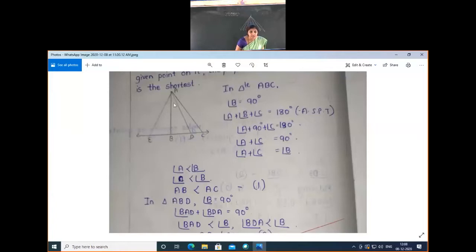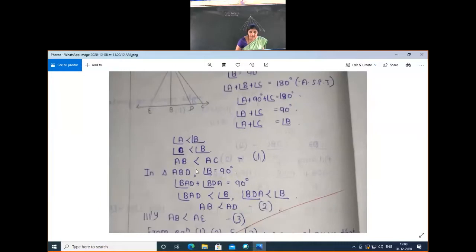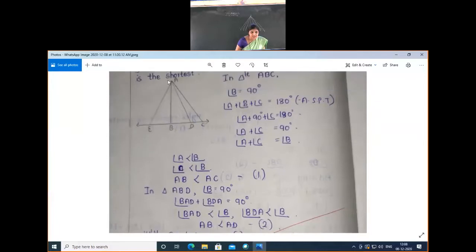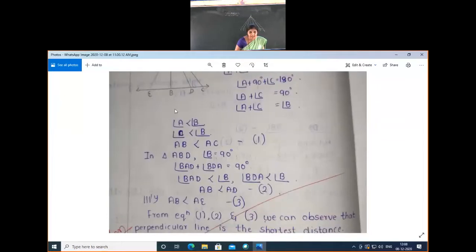Now in the same method, we have to take another triangle, that is triangle ABD. Are you observing the triangle ABD? Again compare. In triangle ABD, angle B is 90 degrees. So you can conclude that the sum of these two angles is 90 degrees: angle BAD plus angle BDA is equal to 90 degrees.